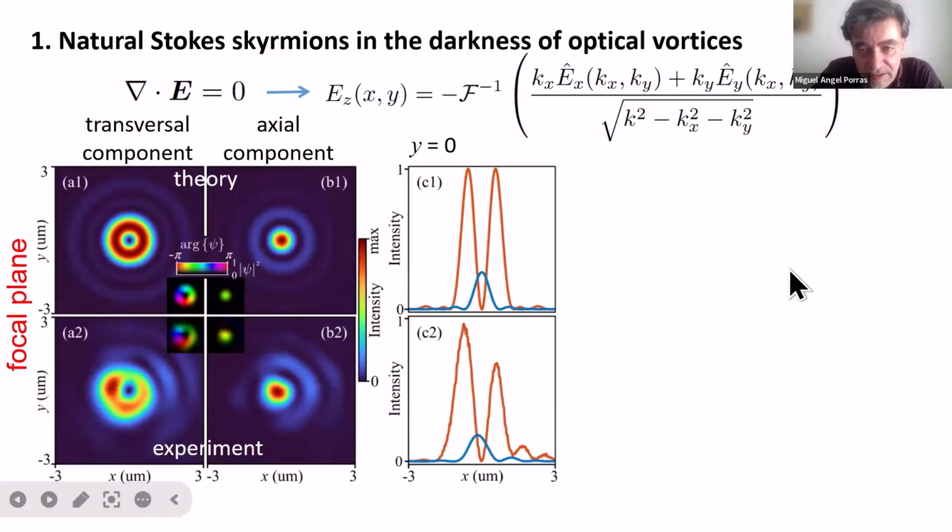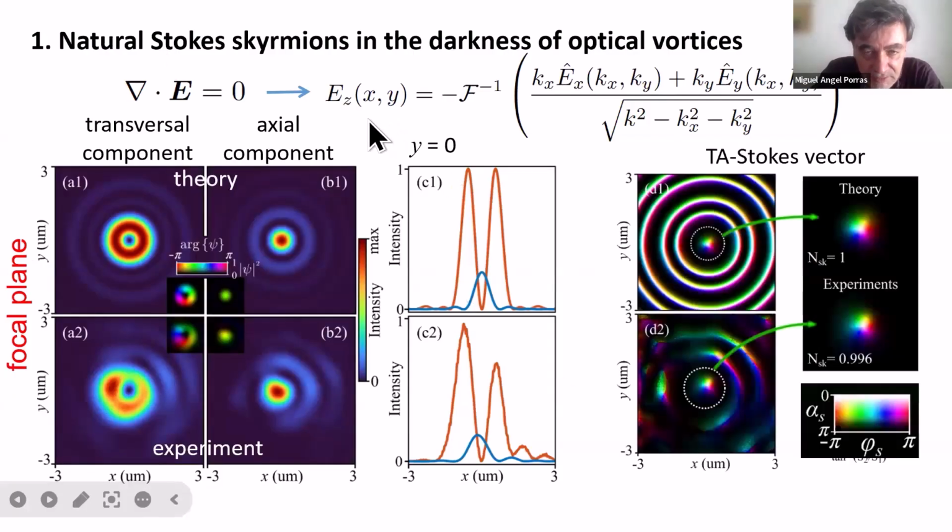And here, from the transverse component and the axial component, we are able to evaluate the transverse axial Stokes vectors, and from them the latitude and the longitude. And this is the theory, and this is the experiment, which is very, very similar. And we see that the whole transverse axial Poincare sphere is covered, except for some uncertainties in the experiment.